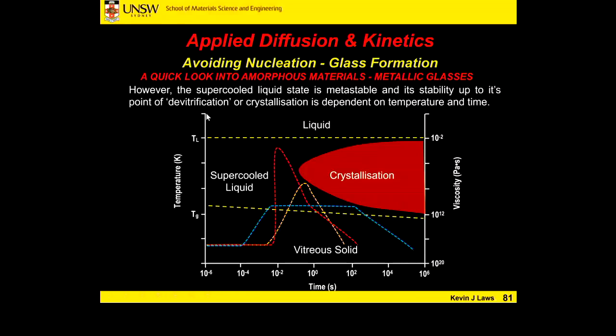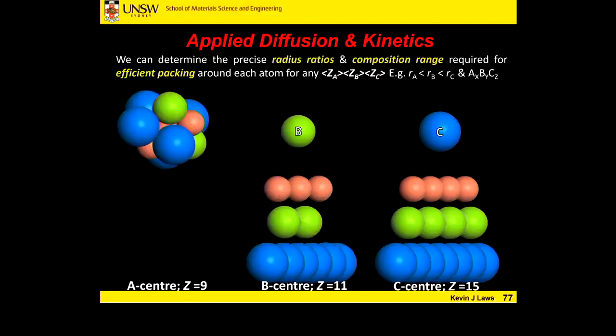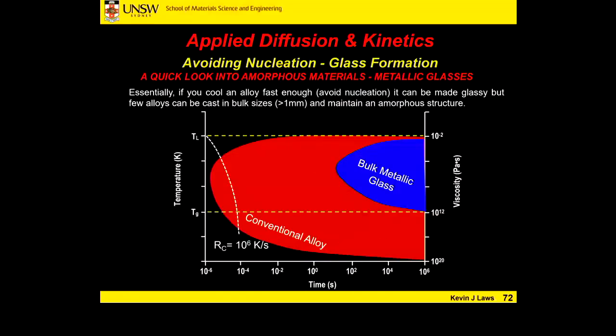If we cast this material, it follows this cooling curve, and we might finish up here, so 10 to the minus 2, which was basically where we said our cooling rates were, way back here.